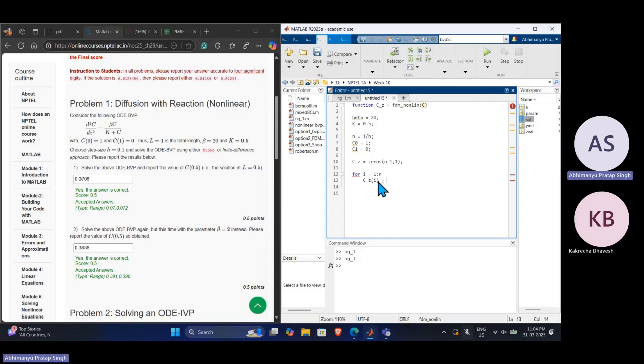So we need to convert that equation into some sort of form. Let us combine all the items together.